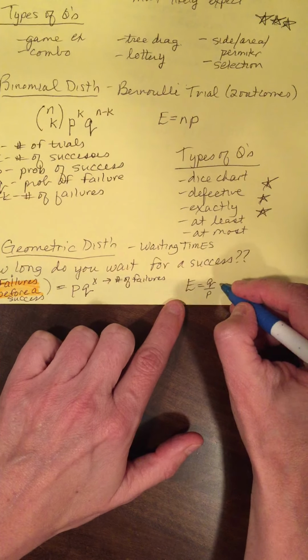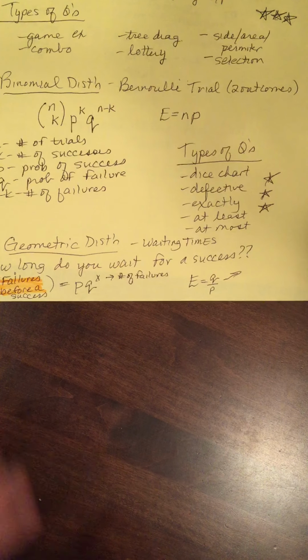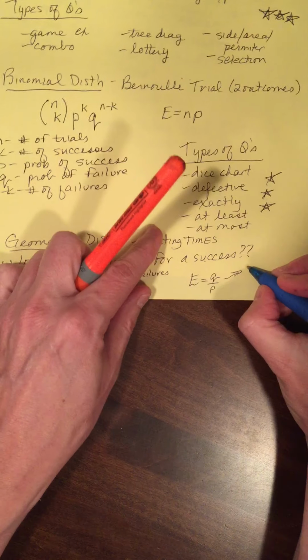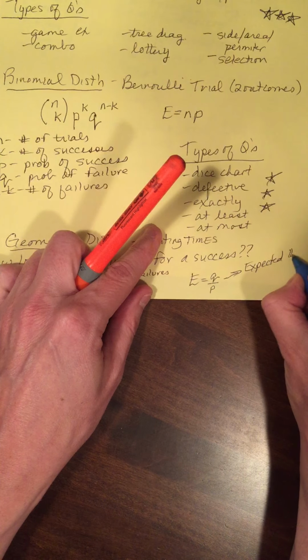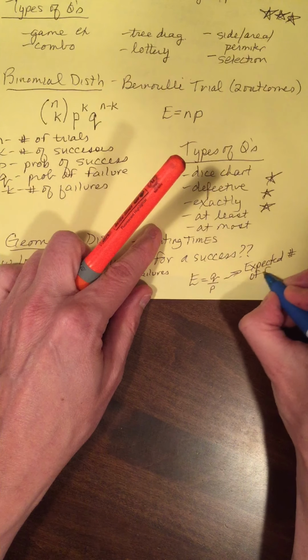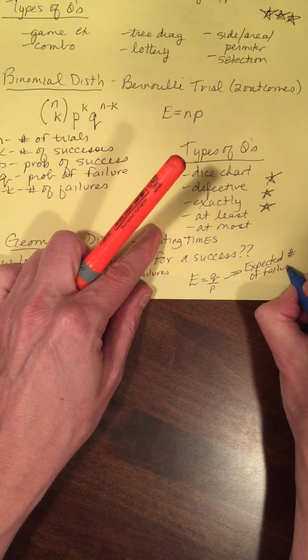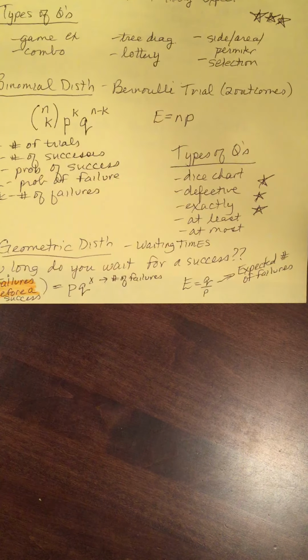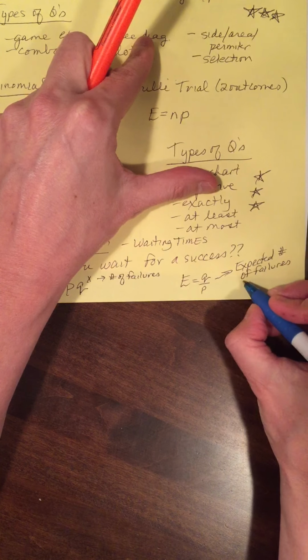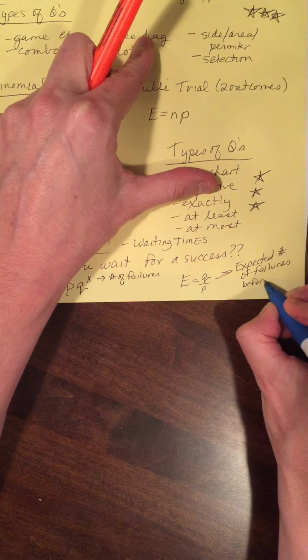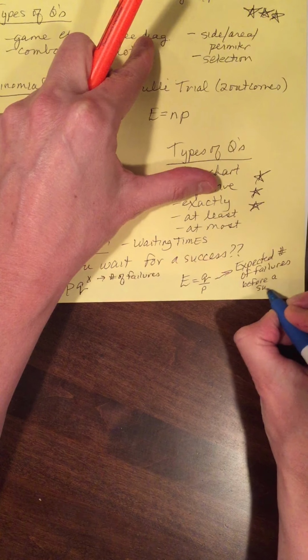But again, this was one of those ones that you had to be careful of, because this gave you the expected number of failures. So if you think back to the note, this is the one that we always added 1 to our answer and our therefore: expected number of failures before a success.